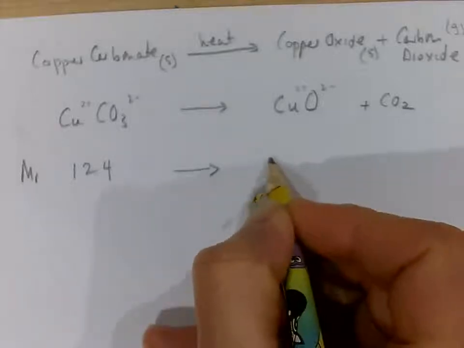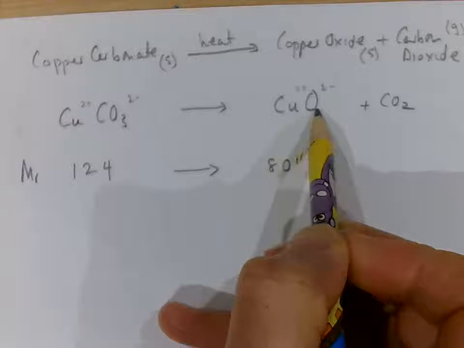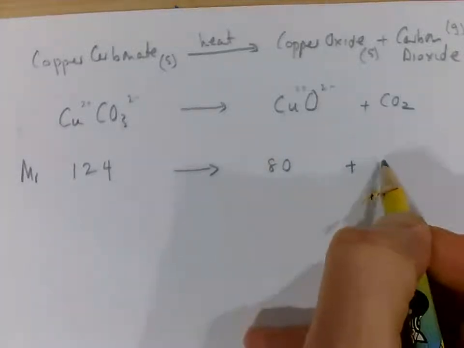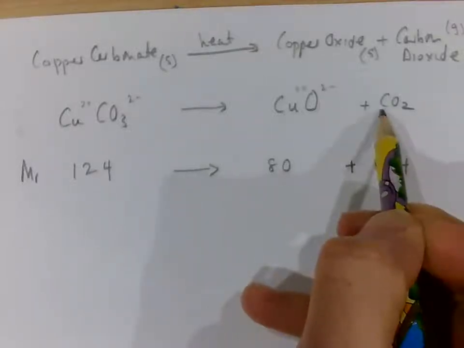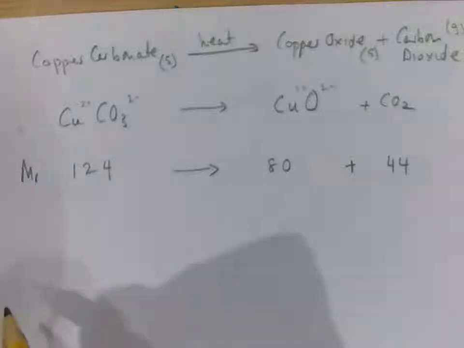Copper oxide is 80, and that's because I have 1 copper at 64 and 1 oxygen at 16. And then my carbon dioxide is 44. I have 1 carbon with a relative atomic mass of 12, and 2 oxygens with a relative atomic mass of 16 each.